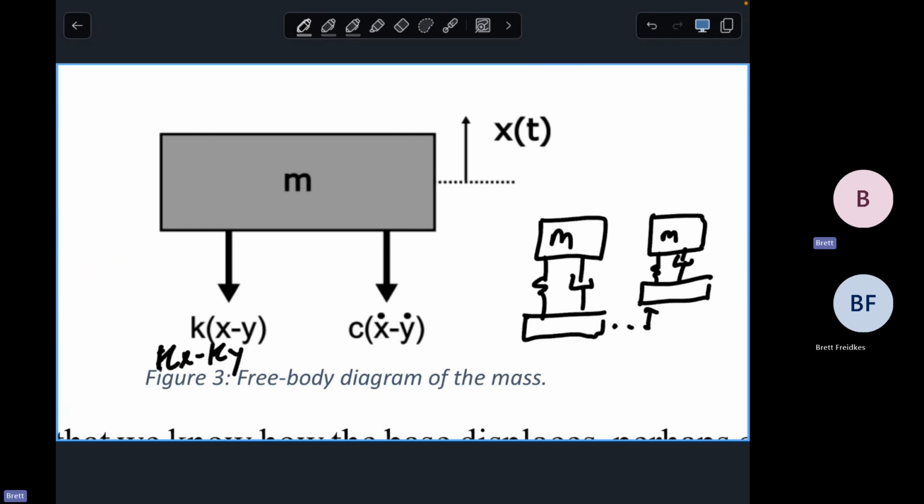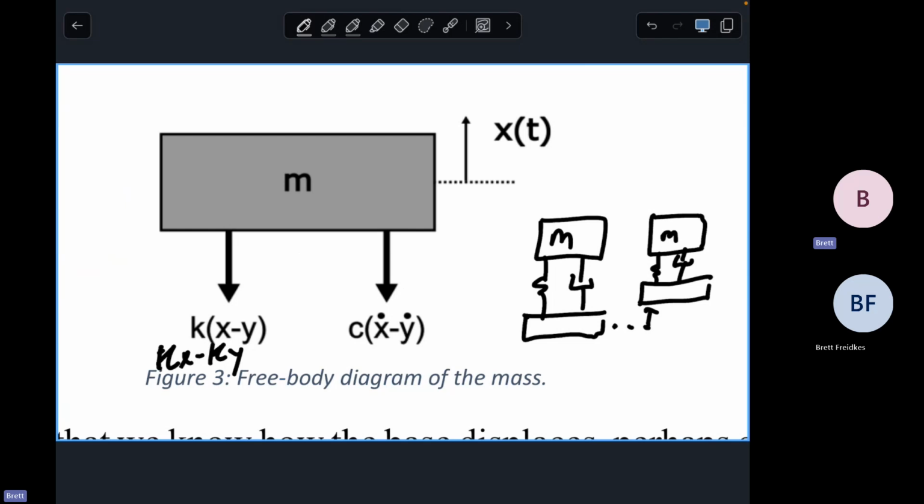It's that the spring wants to go back to equilibrium. And in doing so, it'll push the base down and push the mass up. Those two things are happening simultaneously. But we only care about what the mass is experiencing, which is that spring force that's pointing upwards. Is that okay? Doubts about this?